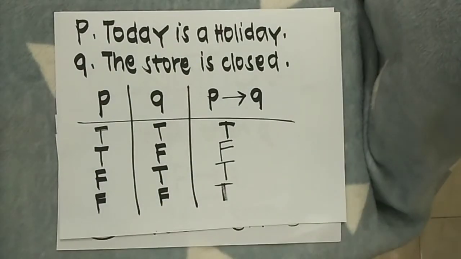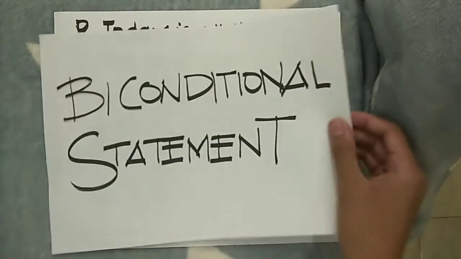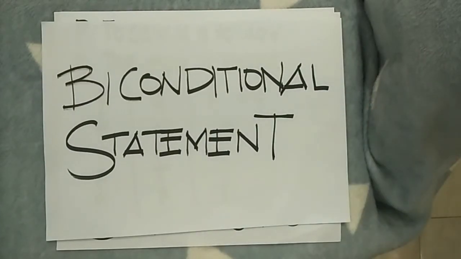We also have something called a biconditional statement. Biconditional statements work like this. We've got statement P, 5 plus 5 equals 10, and statement Q, 2 times 5 equals 10. Now, given these two statements, I could say if 5 plus 5 equals 10, then 2 times 5 equals 10.